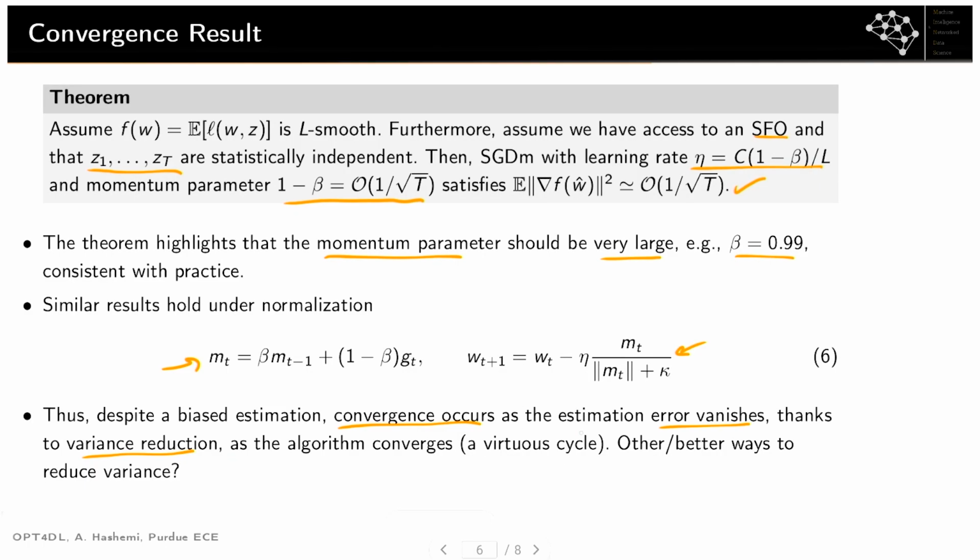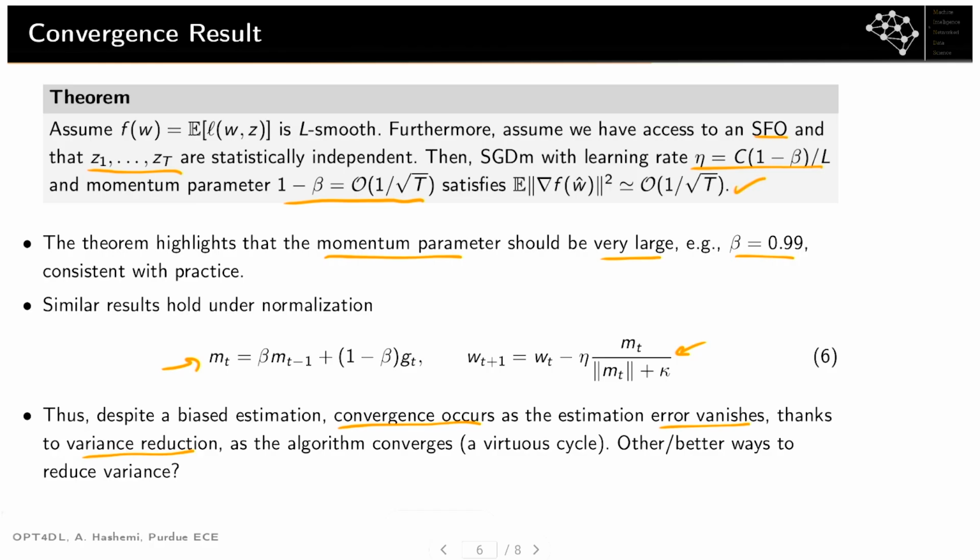So there is a virtuous cycle. The more I'm updating my model, the more I'm reducing the variance and the bias. And the more I'm reducing the bias and variance, the faster I converge. So this cycle repeats itself such that we get this very nice convergence guarantee.